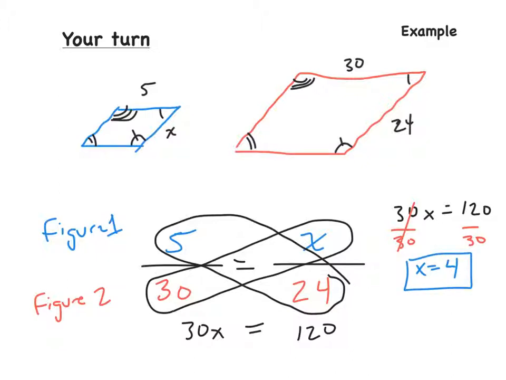So if you can do the butterfly method this way, perfectly fine. Or you could just look at it logically another way. We have 5, and that is getting larger up to 30. How many times could 5 go into 30? 5 goes into 30 6 times.